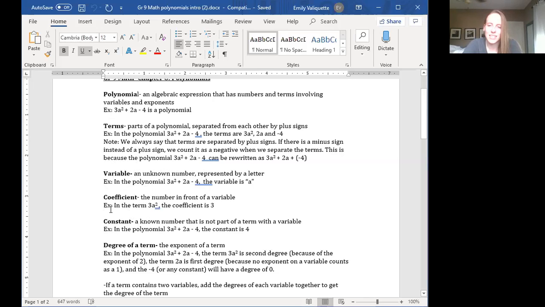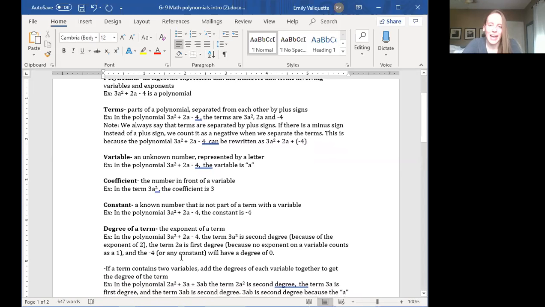The constant is the number that doesn't have a variable with it. So the constant is negative 4, because again, the sign goes with whatever's behind it. And then the degree of a term is whatever the exponent is.